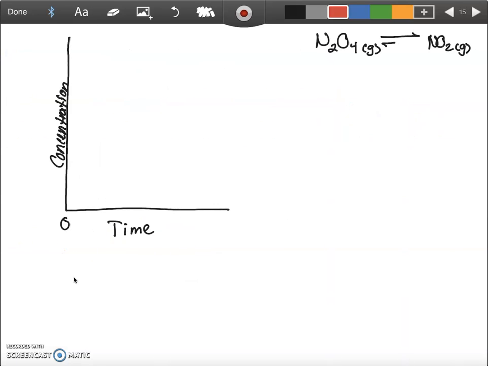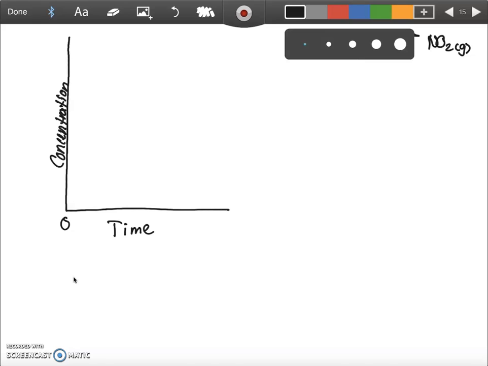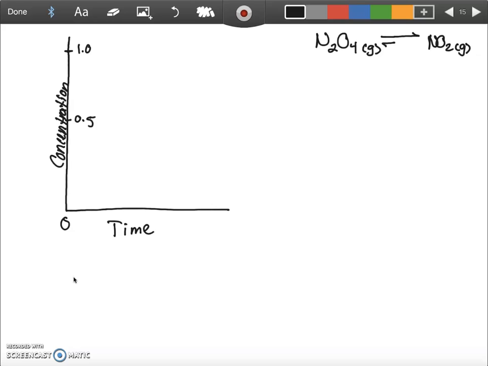Let's look at the final scenario in which the forward reaction is favored. We have 1.0 molar here, about right here, 0.5, and then 0.0 molar down there. This is the concentration of our reactant, and down here is the concentration of our product.